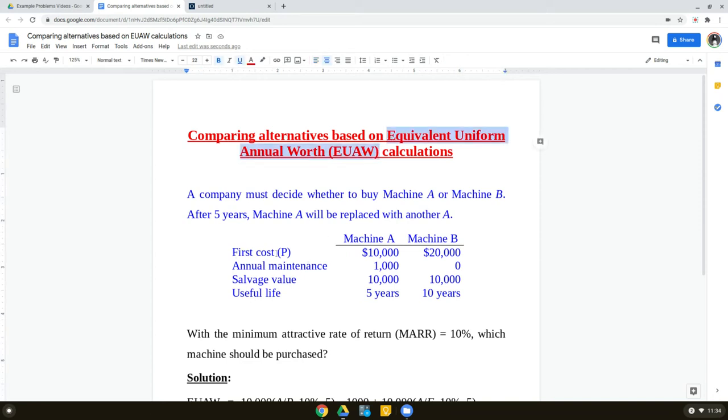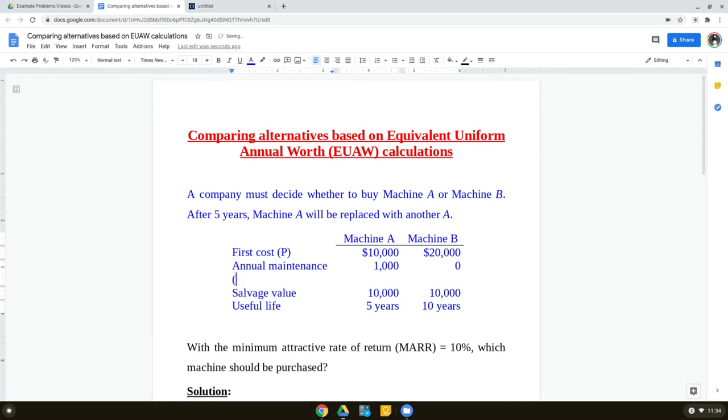And this is a P value, so we want to convert it into its equivalent A value, equivalent annual value. Annual maintenance is already annual, already letter A. This is how we designate, right? So that we don't need to multiply by any factor. It is already annual, which is what we want.